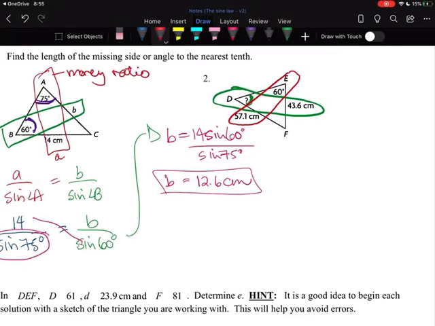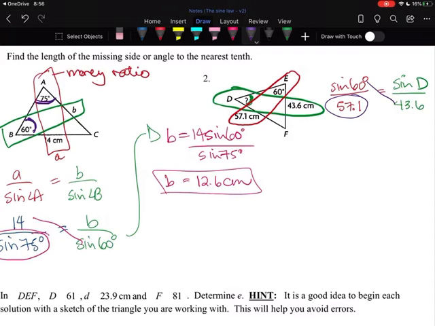So I'm going to do sine of 60 degrees over 57.1 is equal to the sine of angle D, which I do not know, over 43.6.